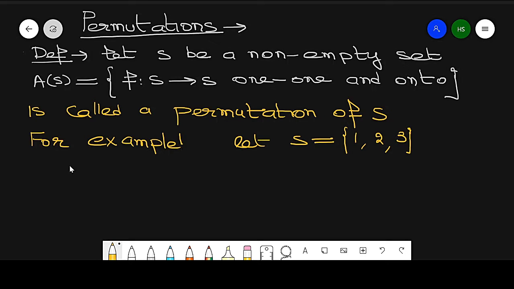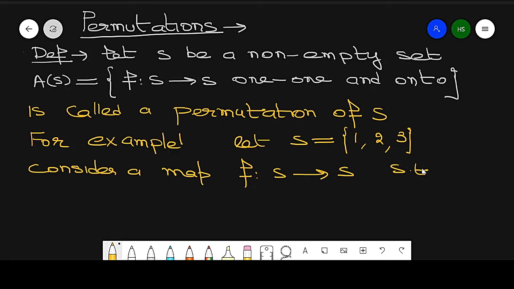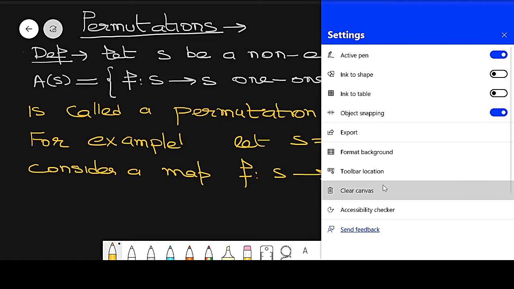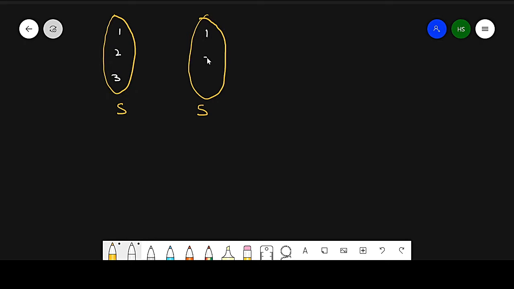Consider a map F from S to S. So this is one set S, and this is another set S, and the map is 1, 2, 3 to 1, 2, 3.